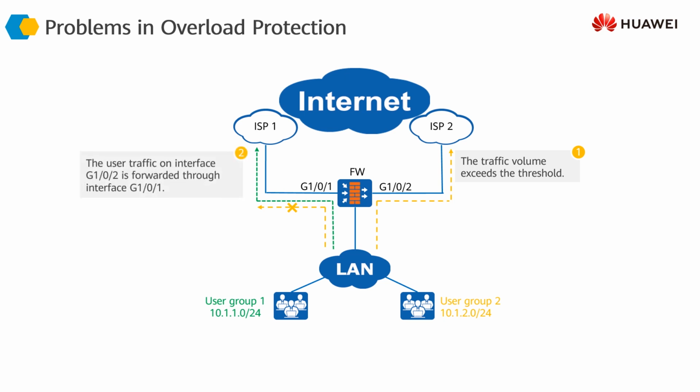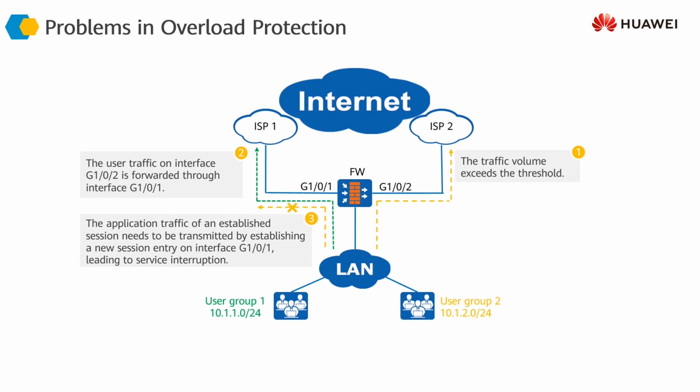However, the problem that we are going to face is that when we forward the user traffic through ISP 1, the application traffic of an established session is going to be disrupted, or interrupted, and the session will have to be established once again. So the users are going to experience service interruption, which will result in bad user experience because their link has been shifted. This is not a desirable effect.